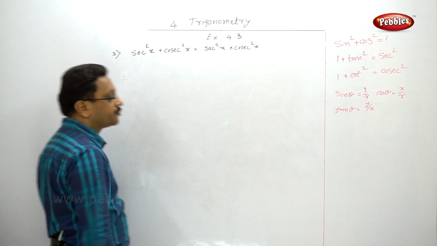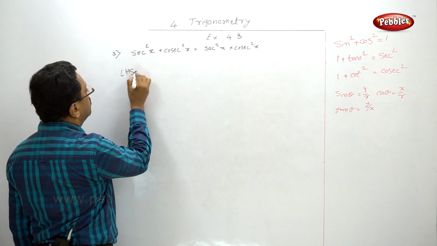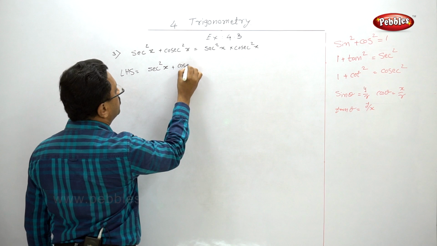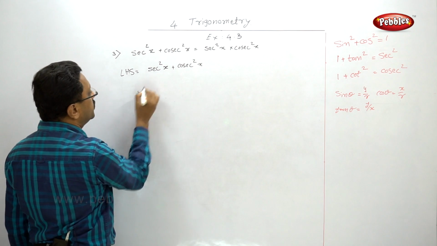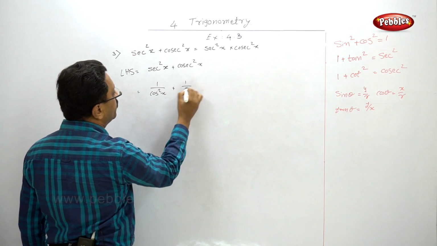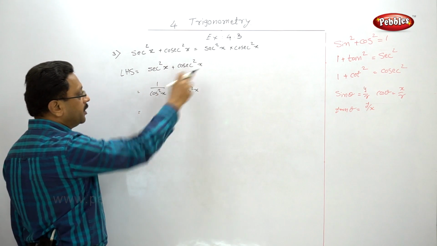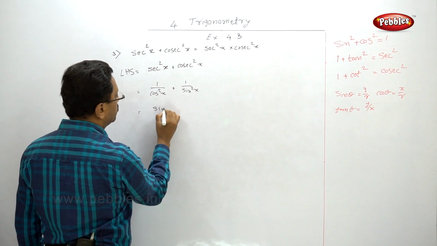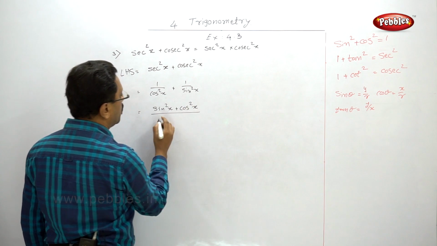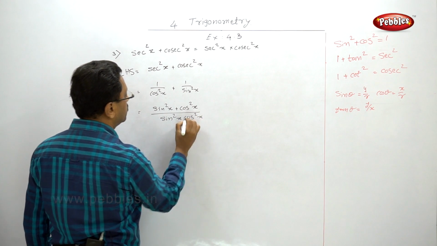Very simple. I'll say that the left hand side is equal to sec square x plus cosec square x. So this is nothing but 1 upon cos square x plus 1 upon sine square x, and from cross multiplication I have sine square x plus cos square x upon sine square x cos square x.